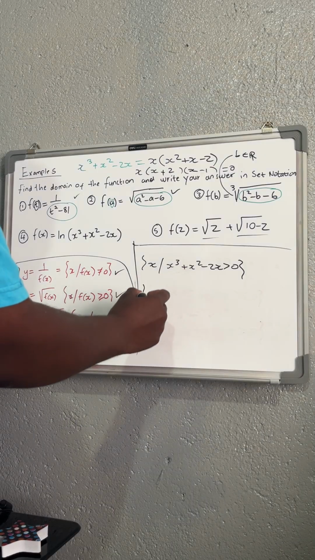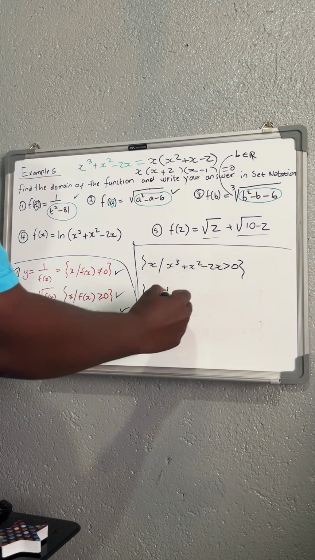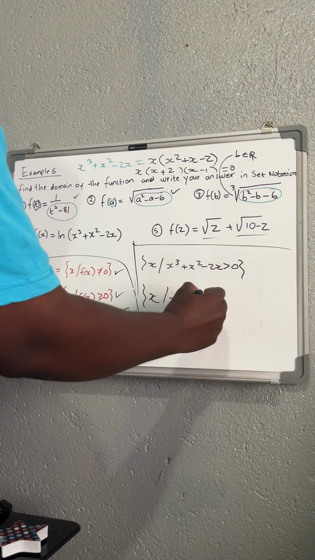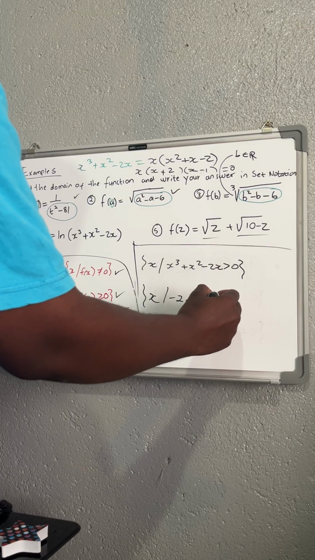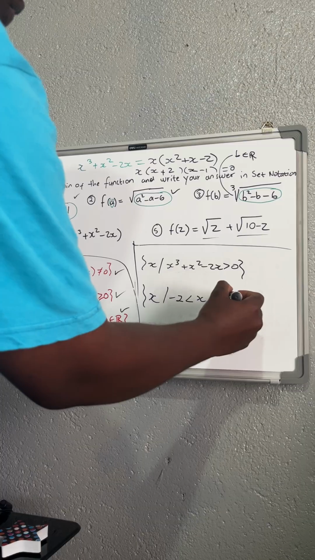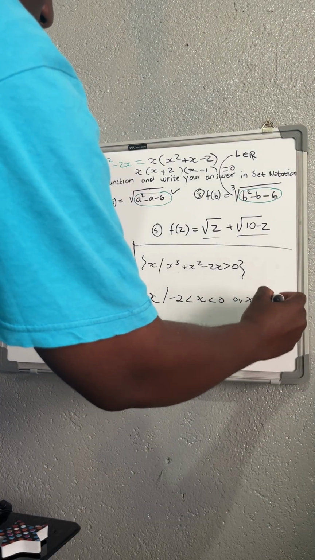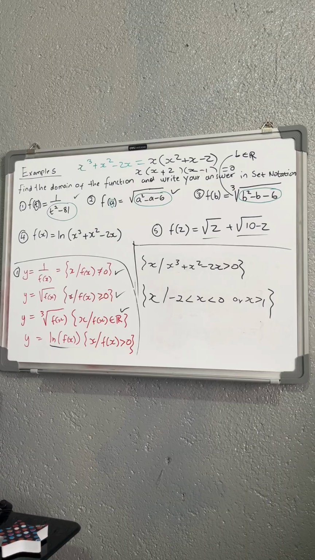We will write this by grouping it, saying we have -2 is less than x is less than 0. So that's the first portion on the left hand side. Then for the right side, we're going to say or x is greater than 1, just like I've said.